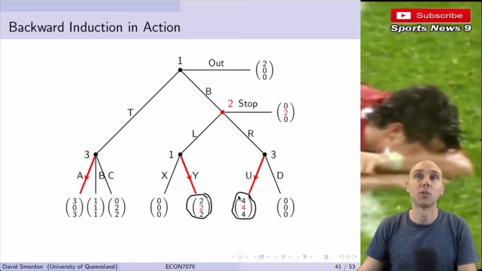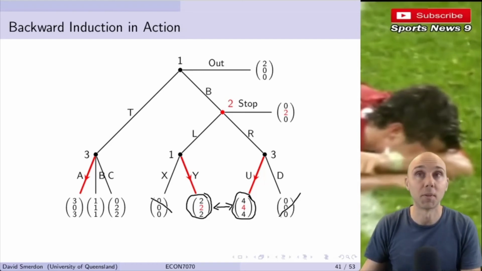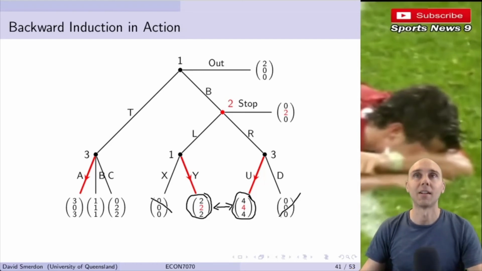So player 2 is essentially choosing between 2 and 4 as her payoffs. She doesn't have to consider these guys because we're not going to get there. She knows that her opponents are going to play optimally given her choice. So the choice is between 2 and 4. 4 is higher, and so therefore player 2 is going to choose R.